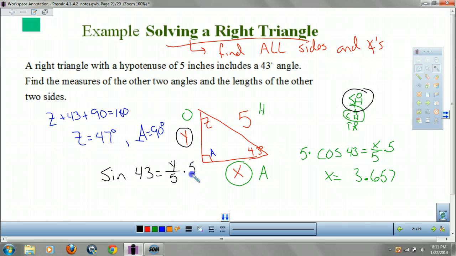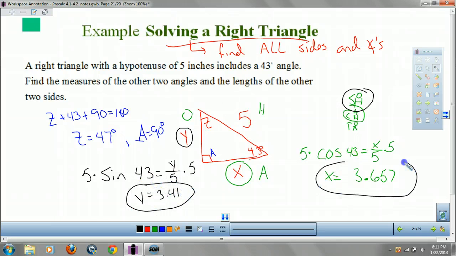Okay, so we times both sides by 5. Plug it into our handy dandy calculator. We get about 3.41. Okay, and we're done. That's all there is to it. Capiche?